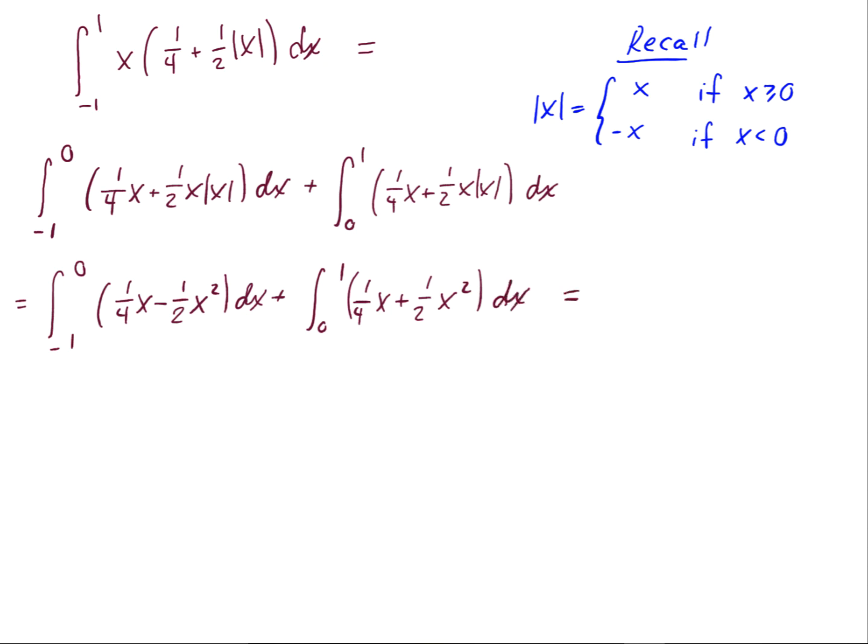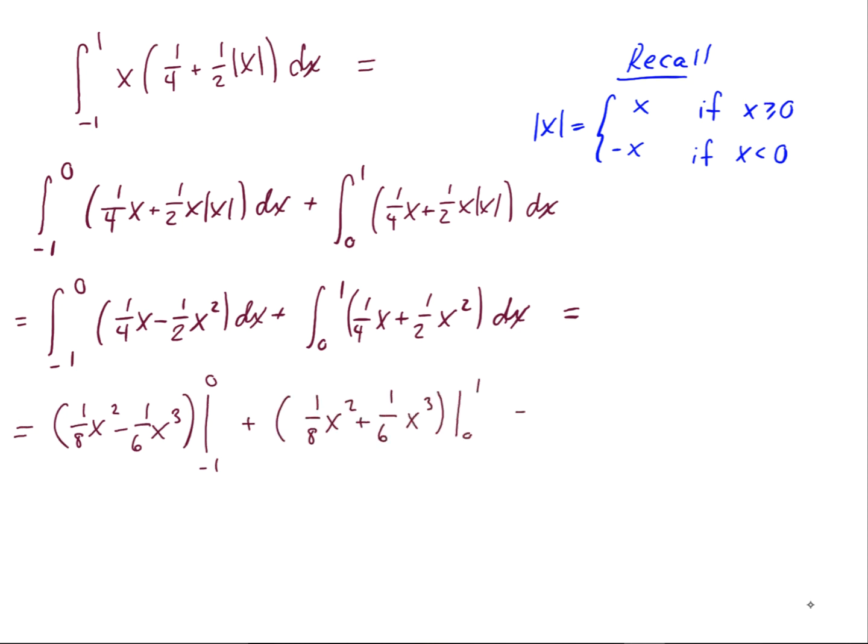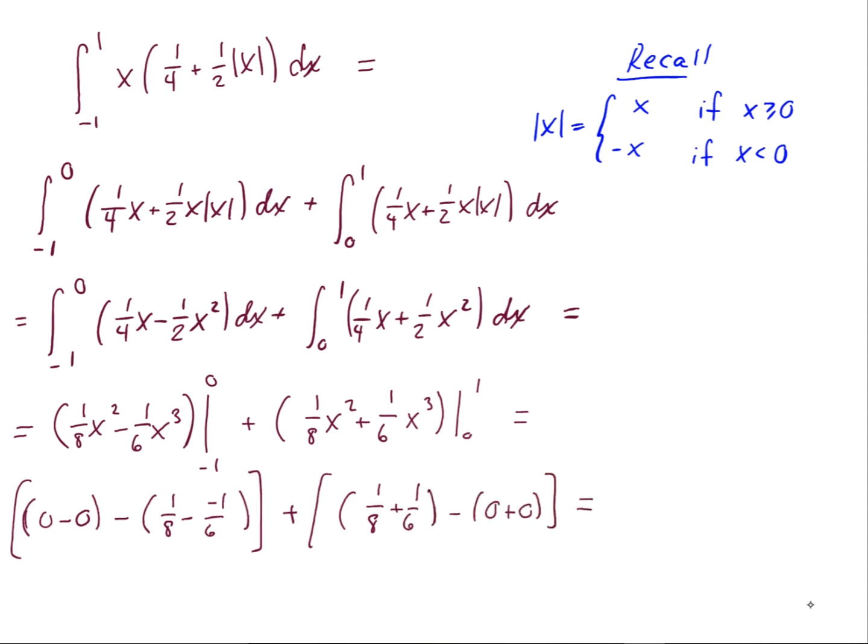And now I just need to evaluate these using the fundamental theorem of calculus, part 2. So if we use the definition of expectation, we find that the expected value of this continuous random variable is 0.